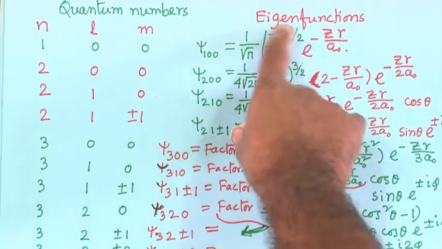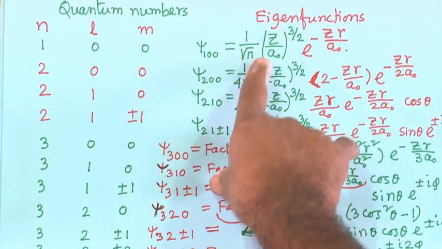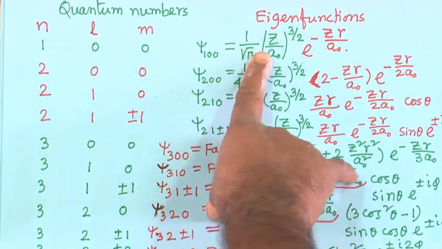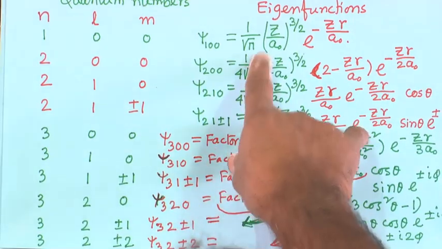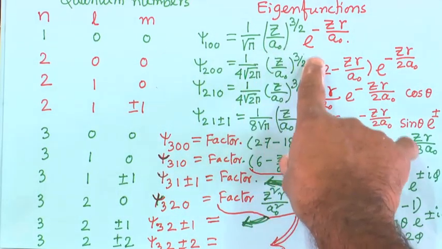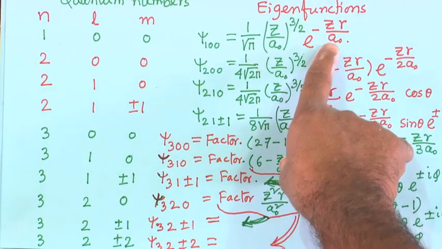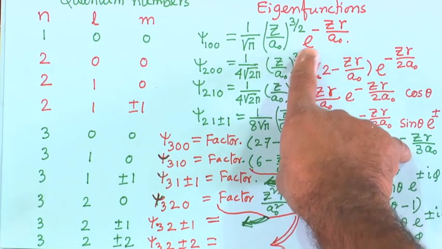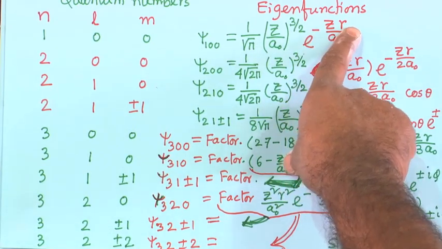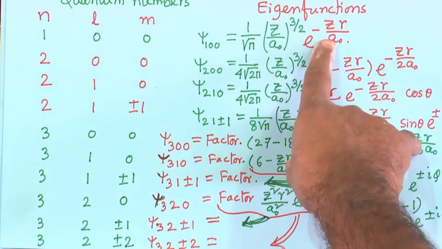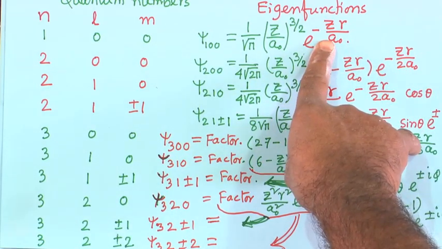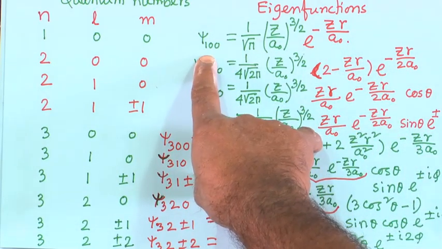I am not giving the trace on that, but this is the exact normalized value for this wave function. So only the r dependent part is left, e to the power minus r. It changes exponentially with r, this psi 1 0 0.